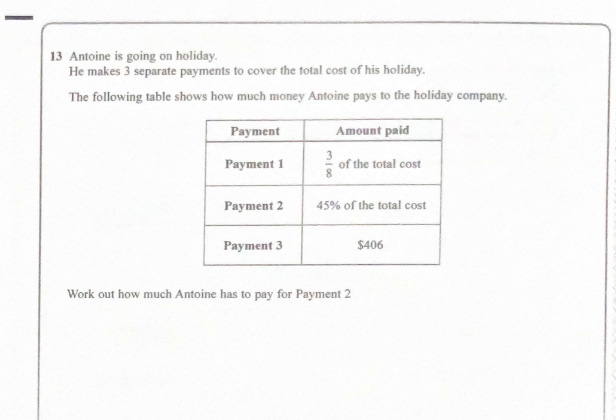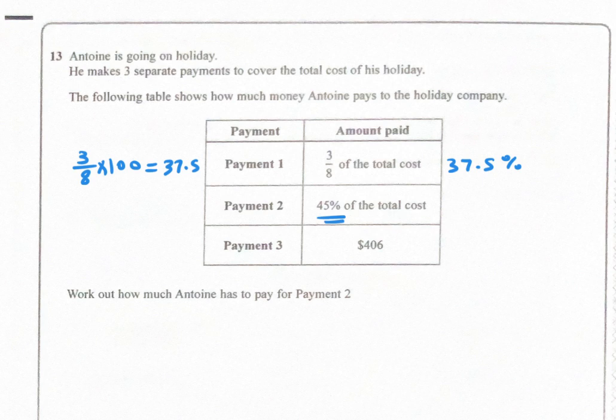So for payment 1, to find the percentage from the total cost, 3 over 8 times 100 equals 37.5. So payment 1 is 37.5%, and payment 2 is 45%.